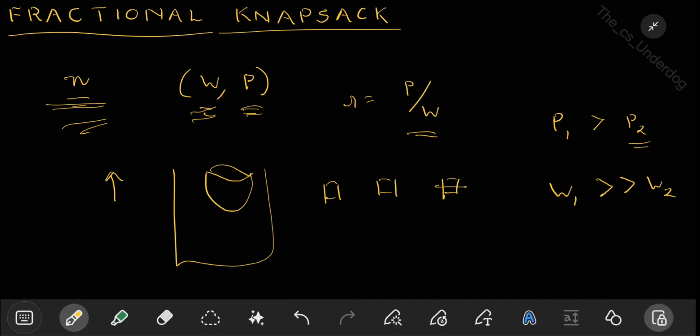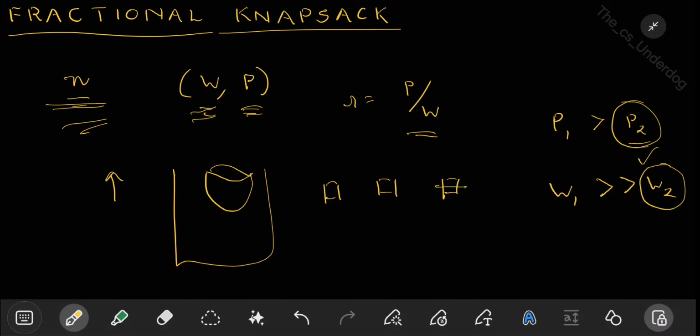So in this case, even though P2 is less, it will be beneficial to take P2 over P1 because P2 weighs much less, and because of that you can take even more items in the knapsack if you choose P2.